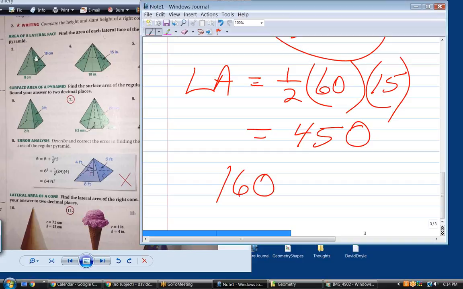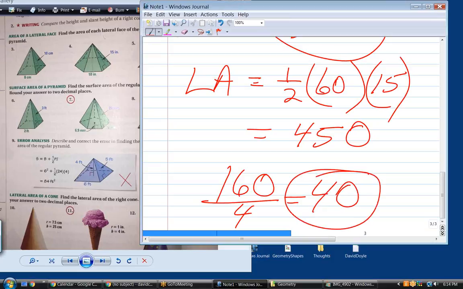So the lateral area of each face is going to be divided by 4. So in problem number 3, the answer is 40. With me? In other words, we have a surface area of each face, and we have a total lateral area, which is the sum of those surface areas of each face.